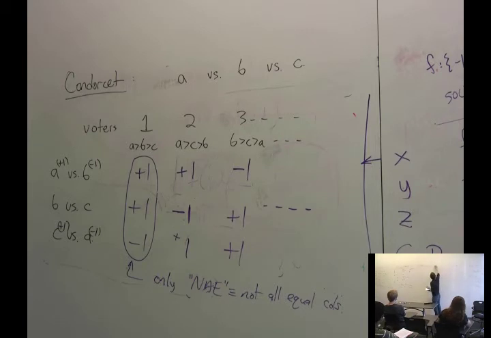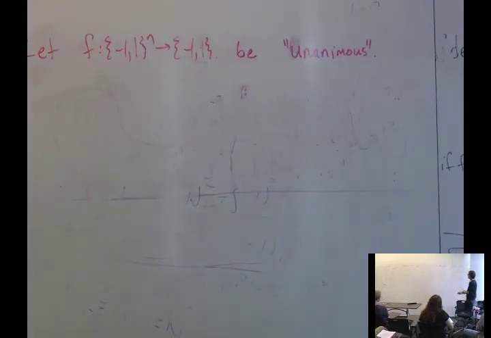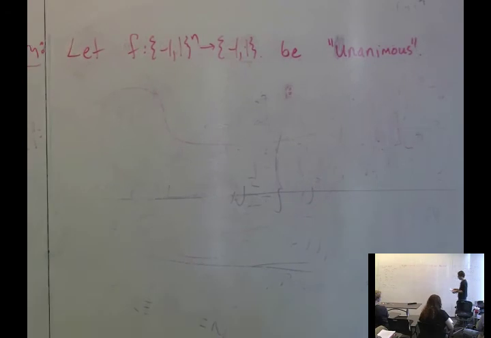Let F be any two-voter or two-party voting scheme whatsoever, and just assume that it's unanimous. I don't know if you remember this property. It just means that if everybody votes one way, then that's the outcome. So that's an extremely weak hypothesis, and a natural one.